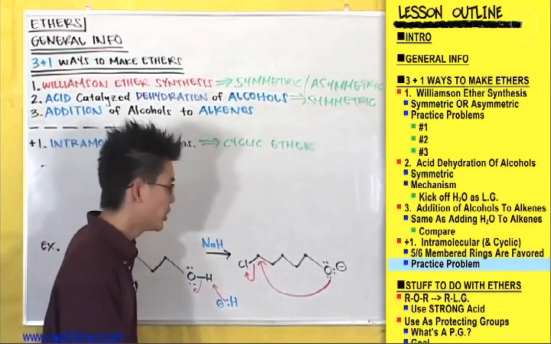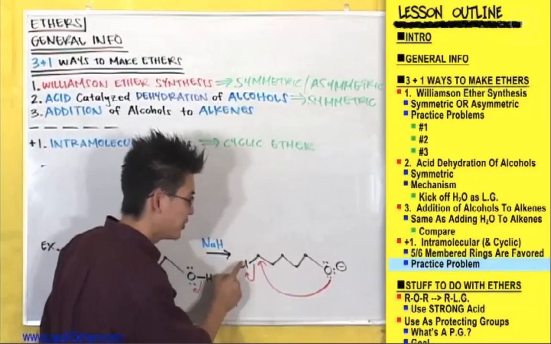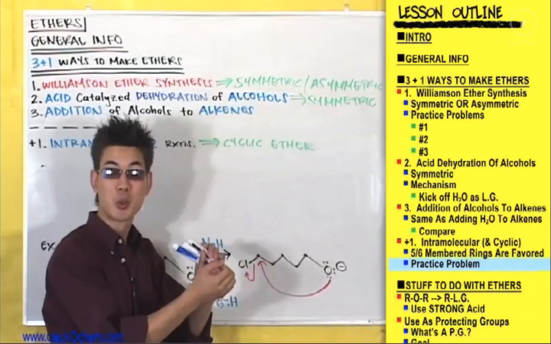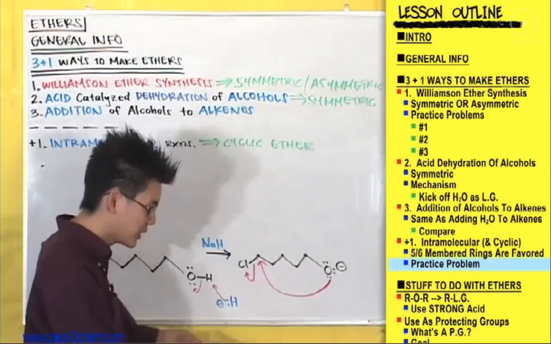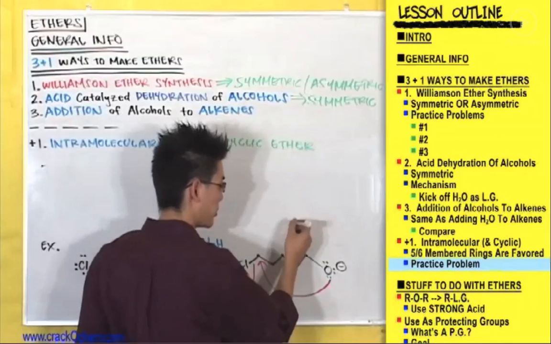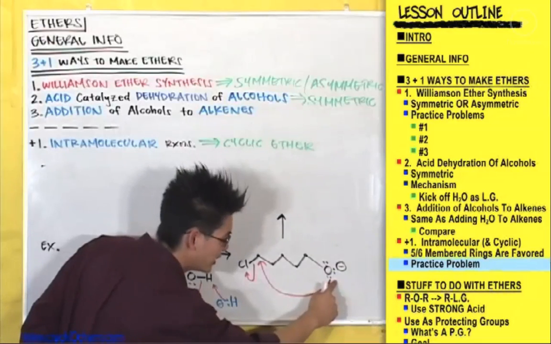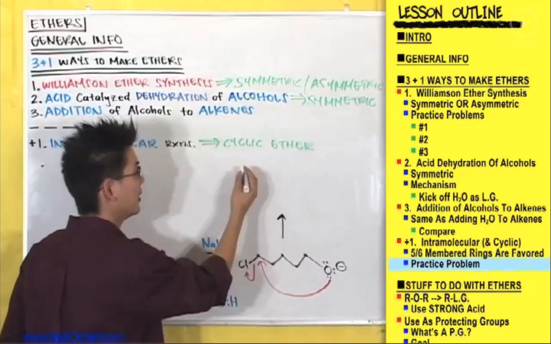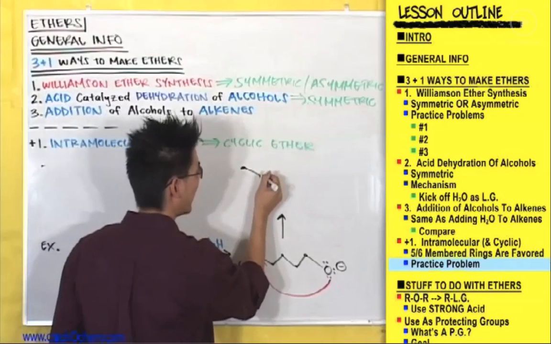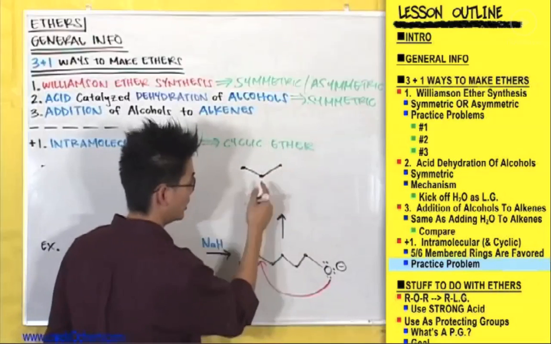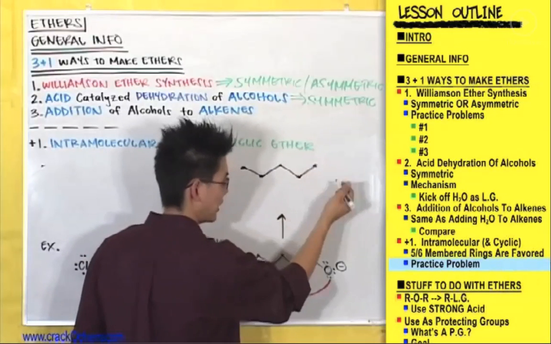Okay, so you can choose to do this SN2 reaction, kick off this leaving group, and curl this thing up into a ring all in one step, but I like to break it up into simple steps for myself. So I'm just going to do the broken eggshell thing and bond this oxygen directly to this carbon. So I'm going to draw this compound out exactly how it's seen right there. So 1, 2, 3, 4, 5.